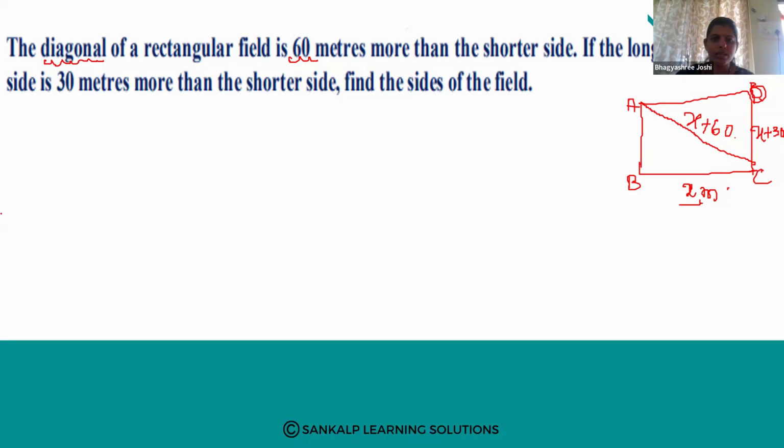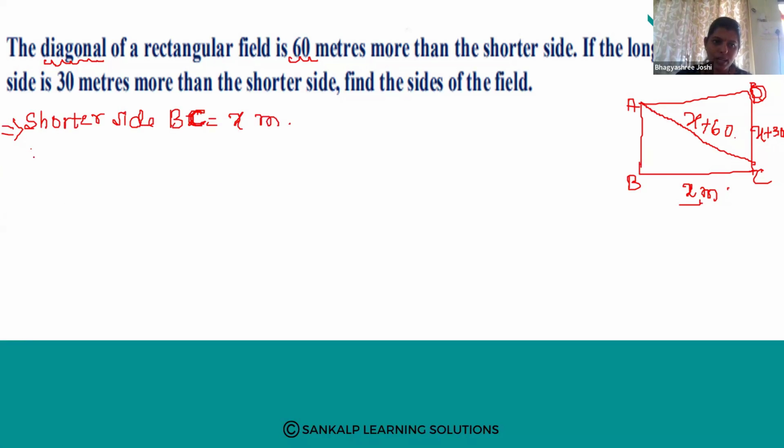Now, shorter side of the rectangular field, BC is equal to x meter.